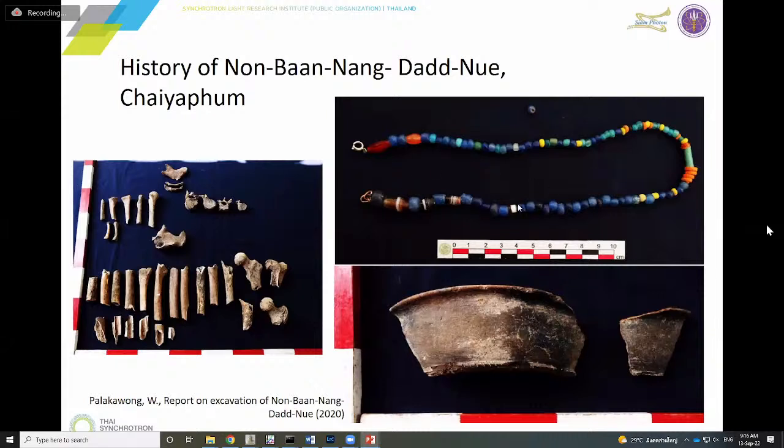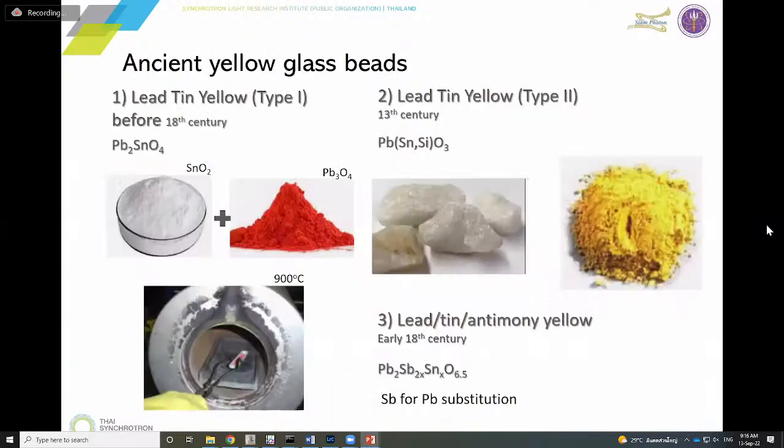You can see potteries, you can see the glass beads. If we look at only the yellow ones in this case, if we track back to the literature review, these are all the yellow pigments in ancient artifacts: lead-tin yellow 1, lead-tin yellow 2, or lead antimonate pigments like this.